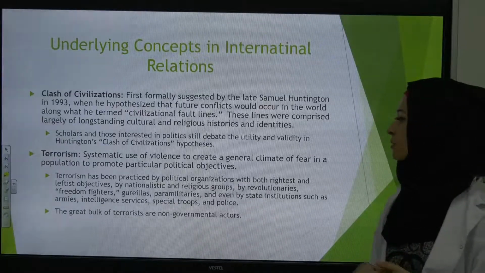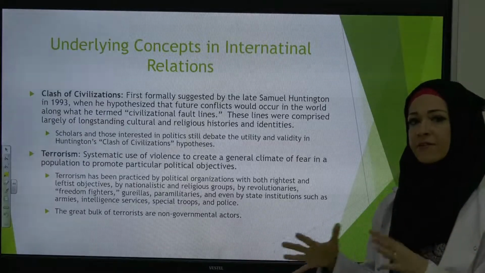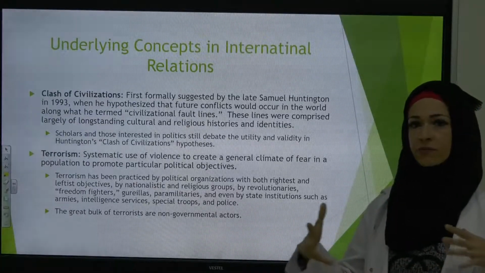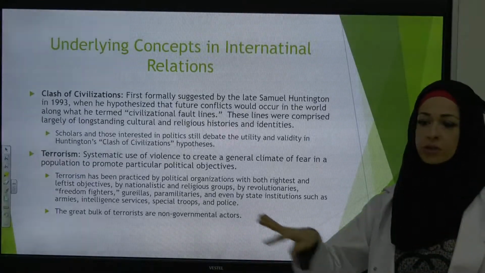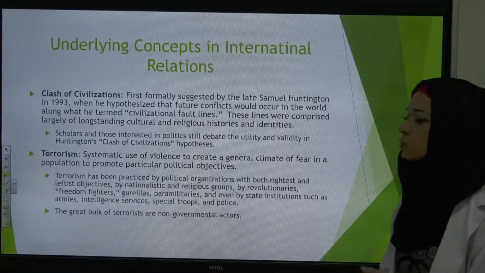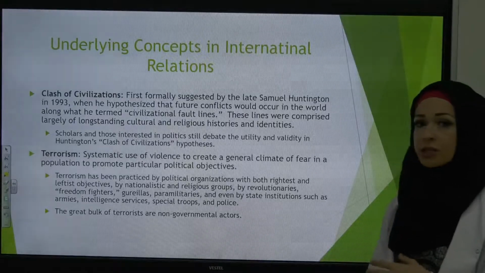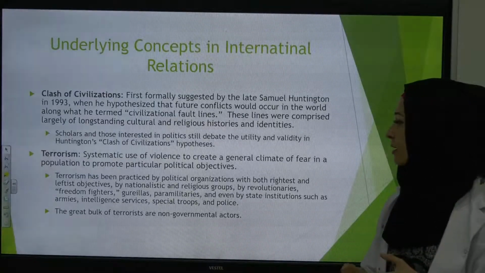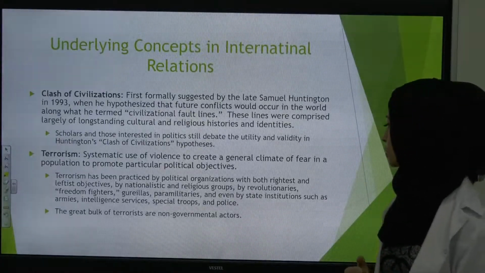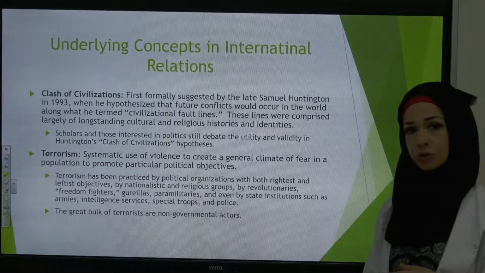Now, terrorism has been practiced by political organizations with both rightist and leftist objectives, so you cannot characterize it as being either conservative or liberal. From both spectrums, we see acts of terrorism, as well as by nationalistic and religious groups, by revolutionaries, by freedom fighters, by guerrillas, by paramilitaries, and even by state institutions, such as armies, intelligence services, special troops, and police.